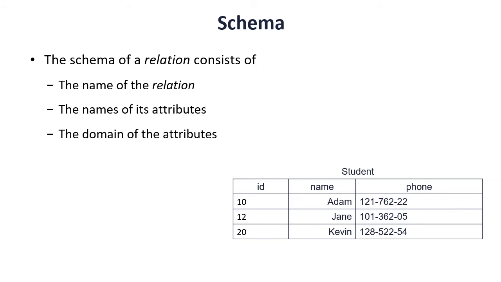But most of the time, we just omit that and we only specify the relation name and its attributes. For example, if we take this student table here, this is how we specify the schema. Student, the name of the table, and within brackets we specify the attributes ID, name, and phone separated by commas. So that's how we can specify the schema.